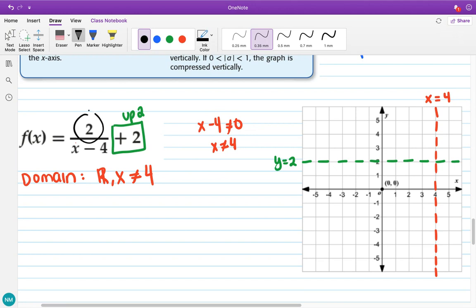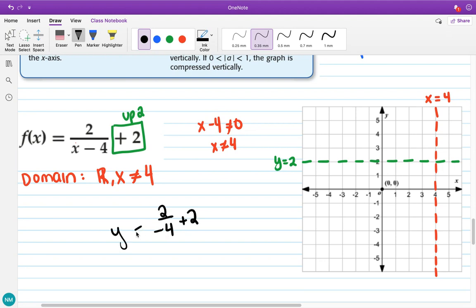Now, it's not negative, so I know it's still going to have the same form. I know the y-intercept is going to be here somewhere. So for my y-intercept, I just plug 0 in. I get 2 over negative 4, plus 2.